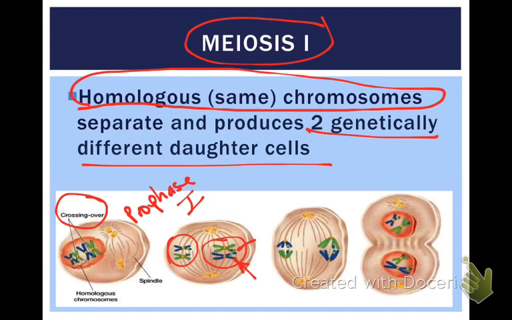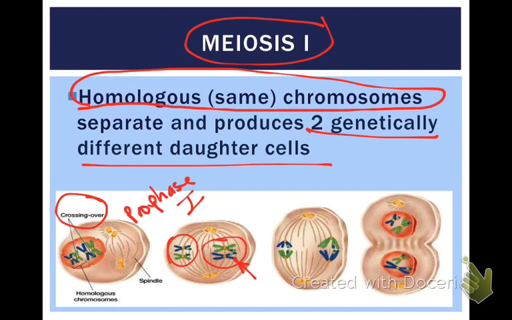So they exchange information. That's crossing over, and that's why siblings, your brother or your sister, look similar to each other, but they're not identical unless they're identical twins. That happens because of crossing over. This is happening to germ cells that are going to turn into gametes, or sperm and egg cells. So that's meiosis 1.